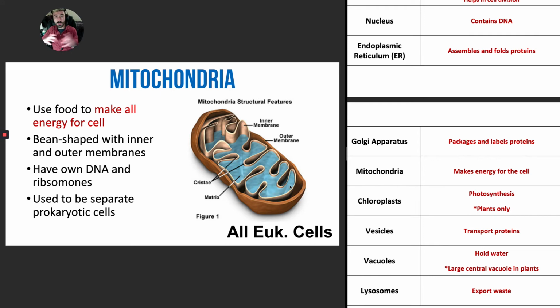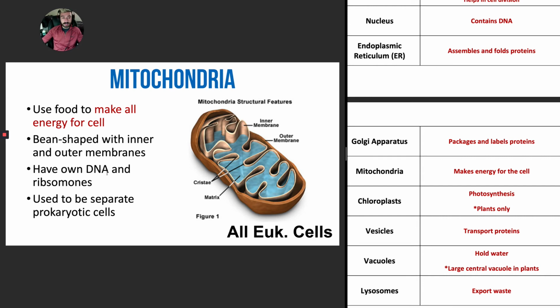And they were absorbed or engulfed by a larger cell. And so the reason it's significant that they have a double membrane is because we think this was the original membrane of the original prokaryote, and then this is the bubble that was formed around them when they were absorbed.